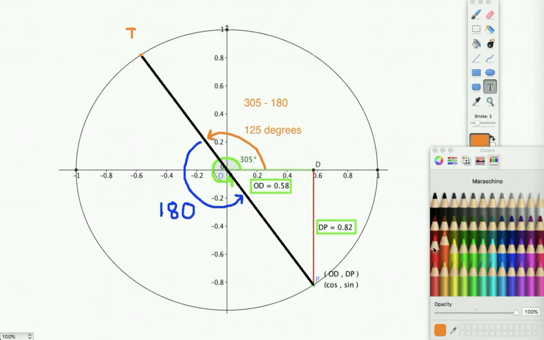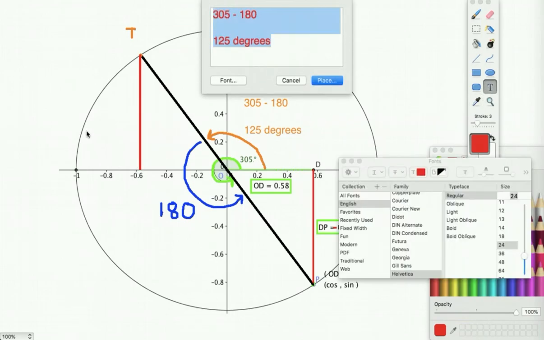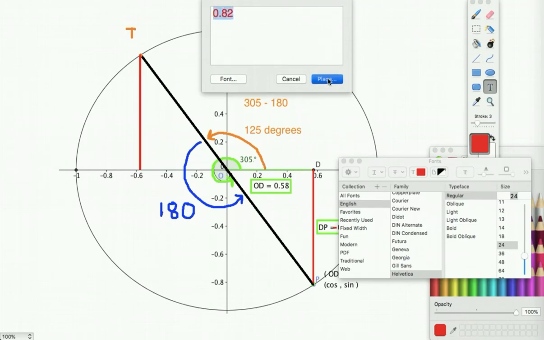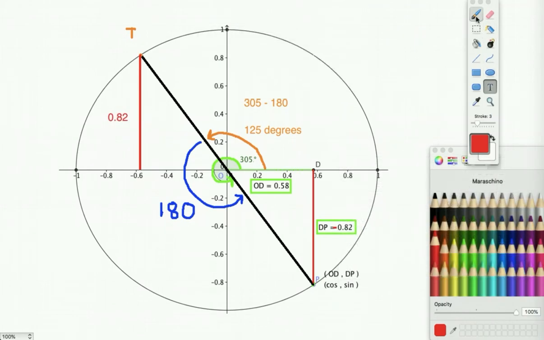And once again, that's basically because for T and P, this vertical here is negative 0.82. This right here is positive 0.82. The horizontal over here is 0.85.